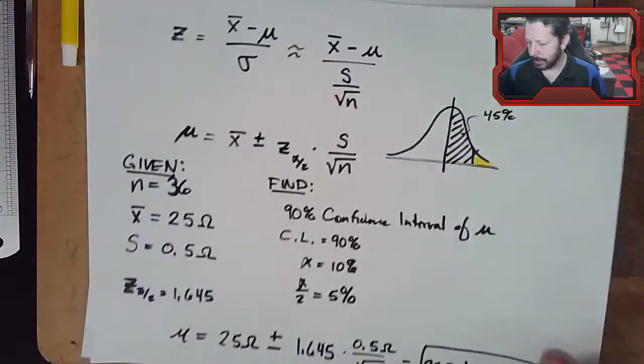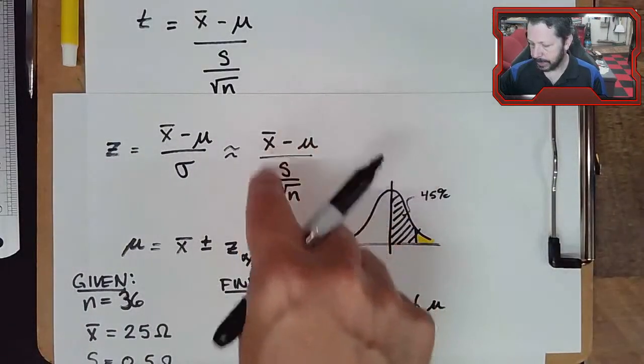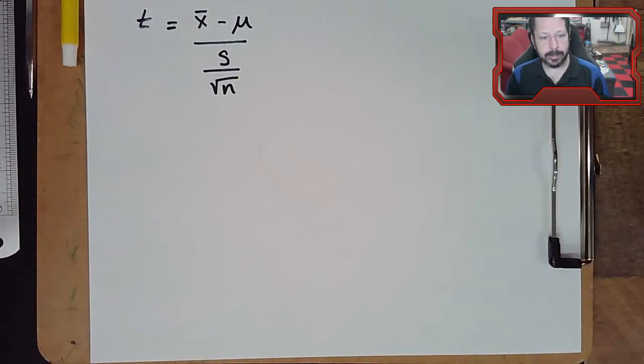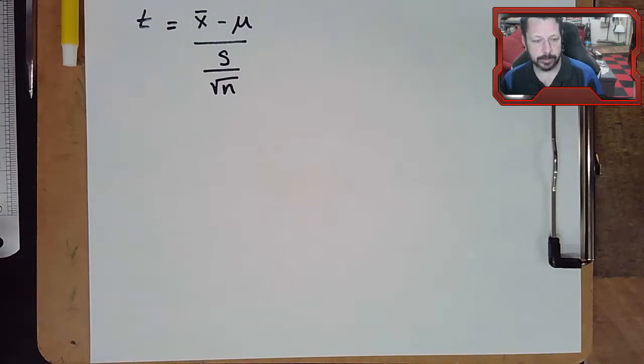That's the exact same thing as we had for Z. The difference is going to show up in our chart that we use. We're going to use the T distribution, not the Z distribution.